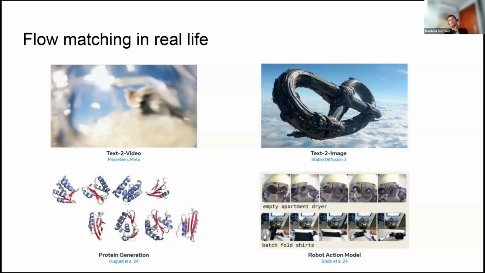Stable Diffusion uses a bit of the diffusion techniques, but also uses flow matching in its core application, as well as Movie Gen. But you have also protein generation and robot action model applications where basically you try to generate and also forecast some scenarios based on a prompt.